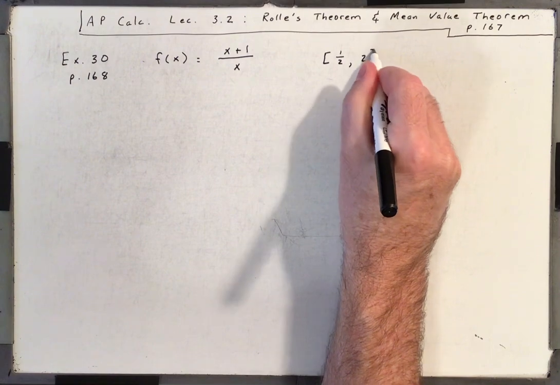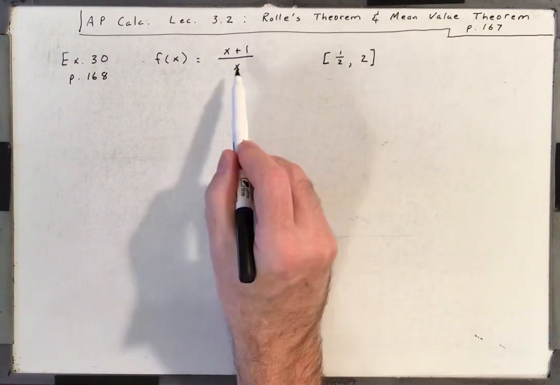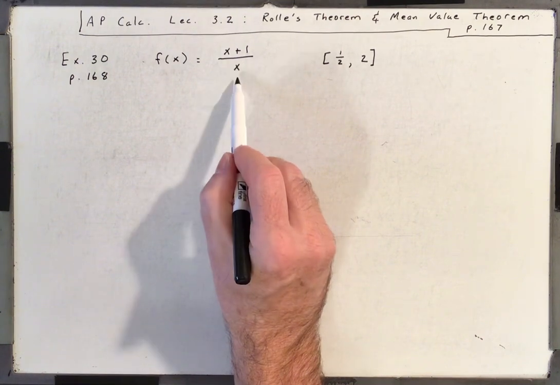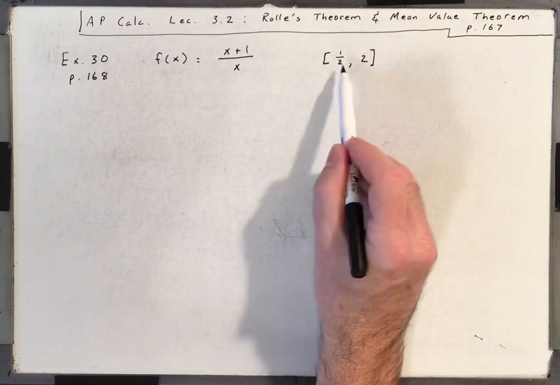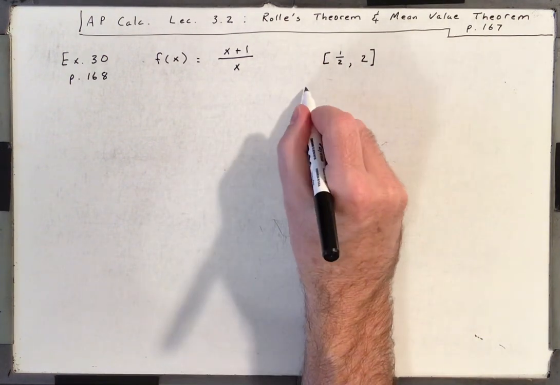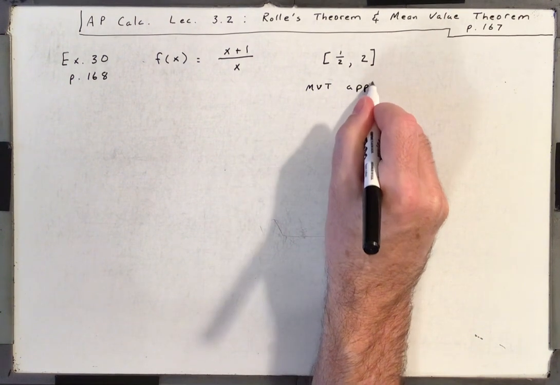And our interval is 1/2 to 2. And if you look here, we do have a spot where this is not continuous. It's where x is equal to 0 because it's undefined there, right? However, 0 is not in this interval. So the mean value theorem does apply.